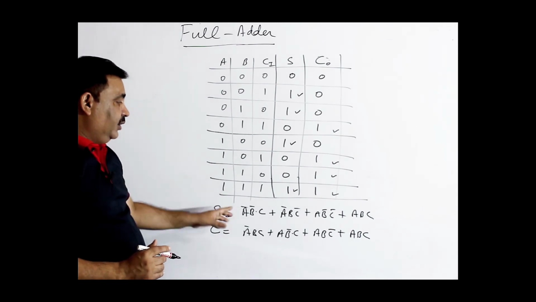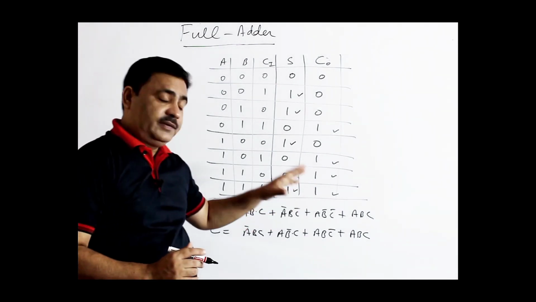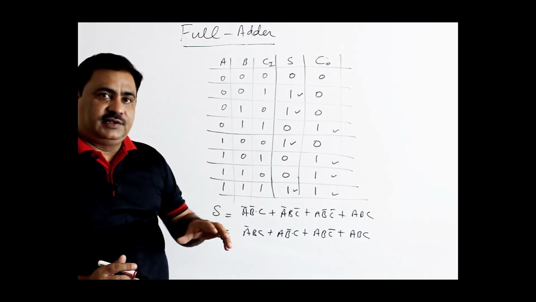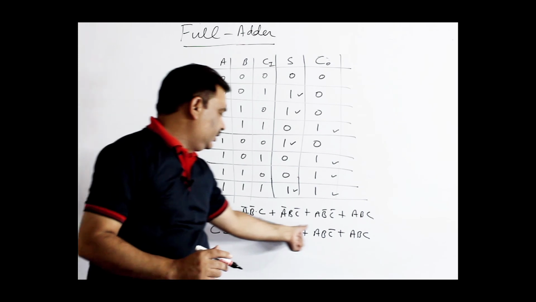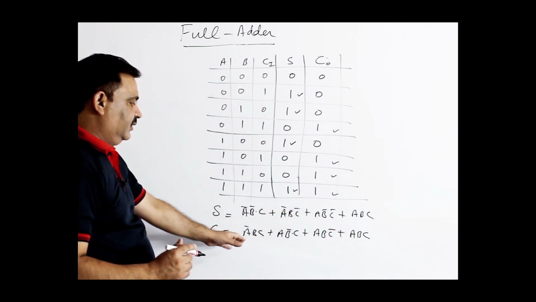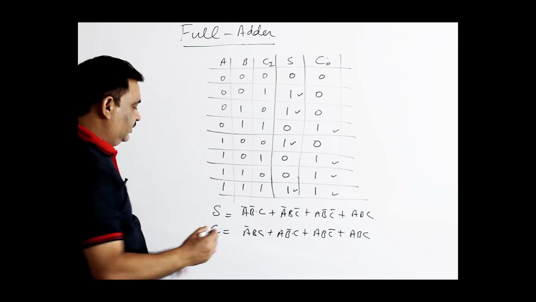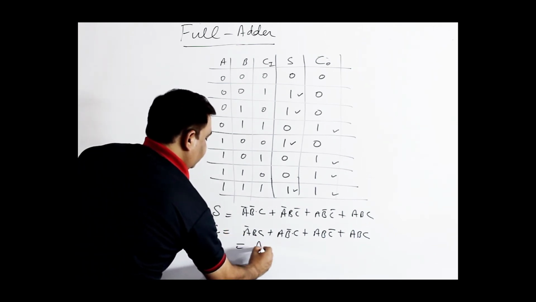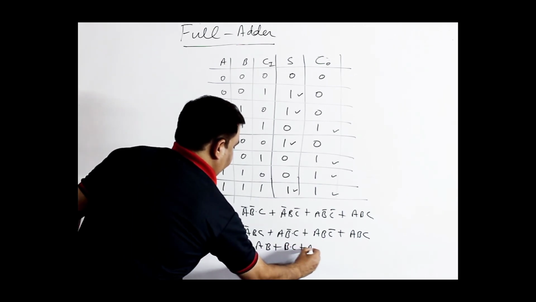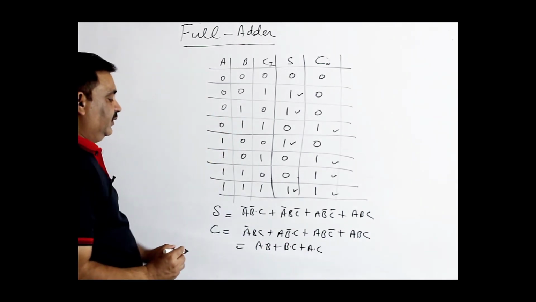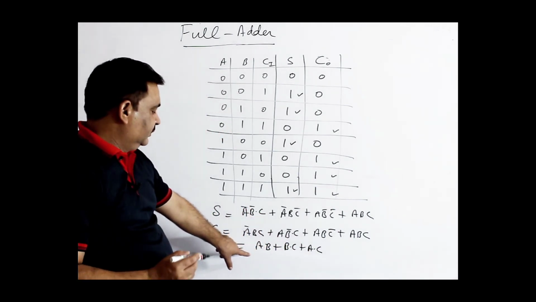Now, again you can say this is the XOR gate between A, B, C. So, sum follows XOR gate, and when you reduce the carry expression, either using K-map or Boolean algebra, finally after reducing, A dot B plus B dot C plus A dot C will be the reduced form of this expression.